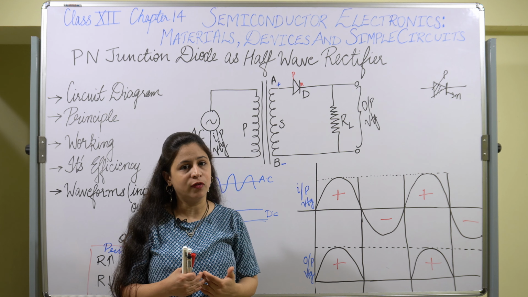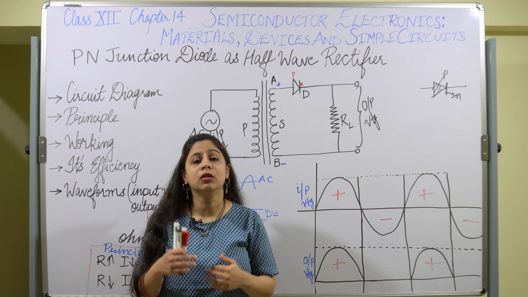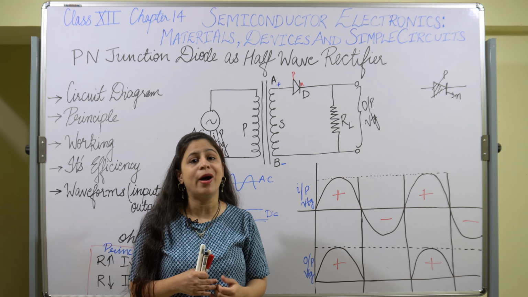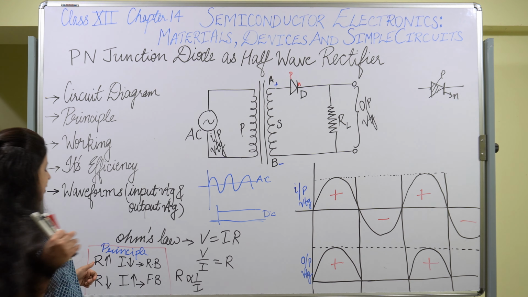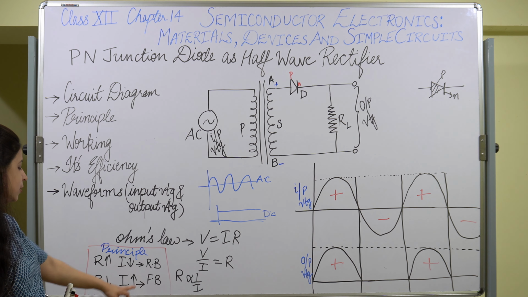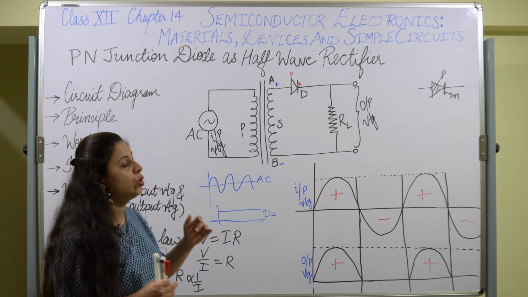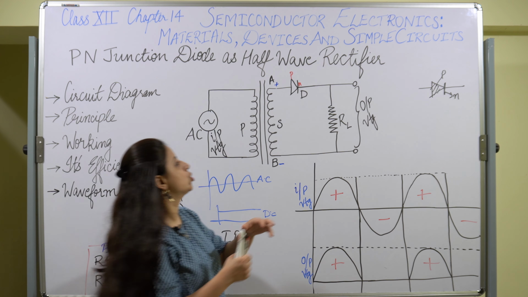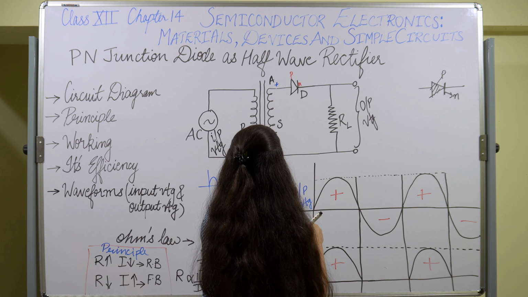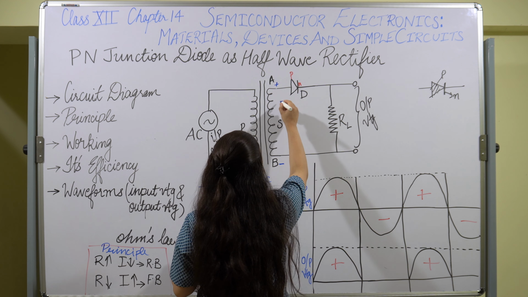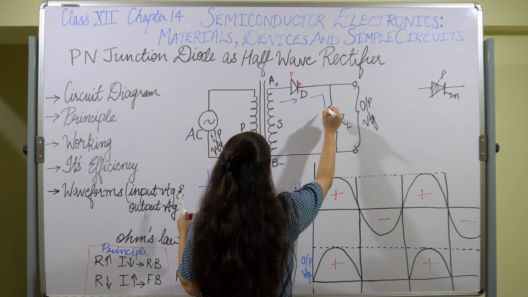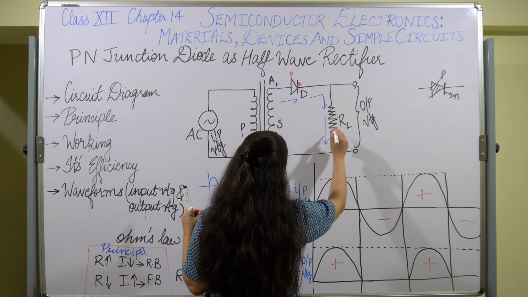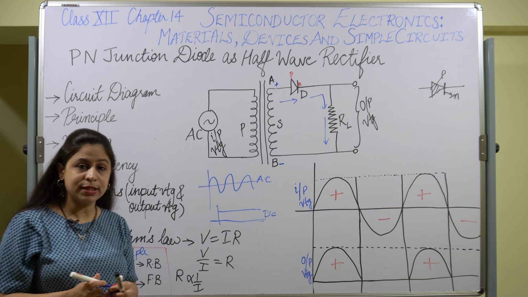Whenever it becomes forward biased, it will allow the current to pass through it, because it provides a low resistive path. So my current will flow through it.